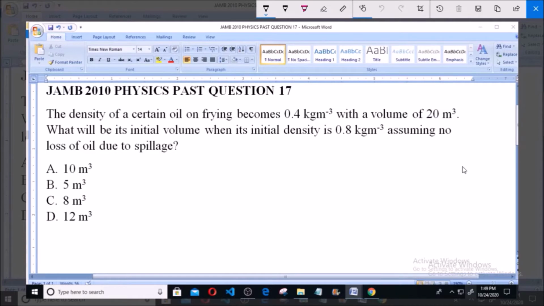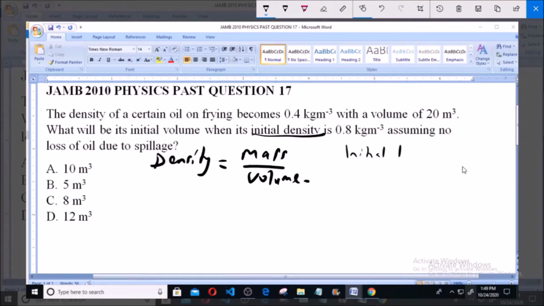So we are looking at density, and density is equal to mass over volume. Now for this question, you are working with initial density, which is equal to 0.8 kg per meter cube.